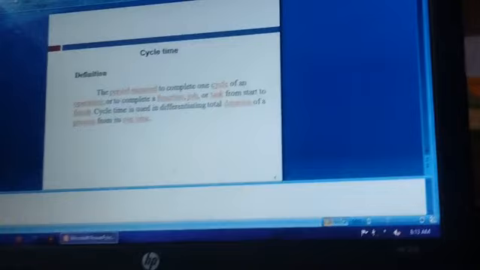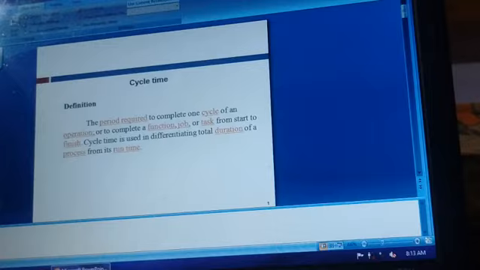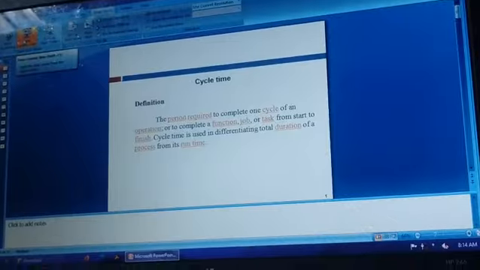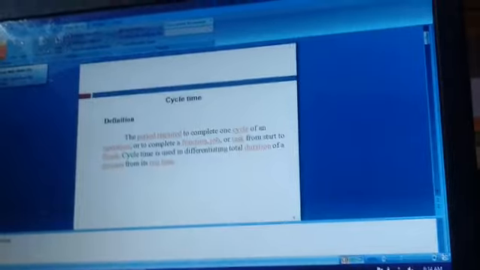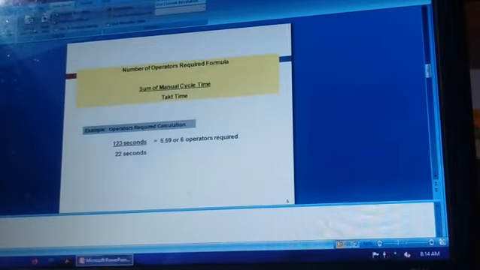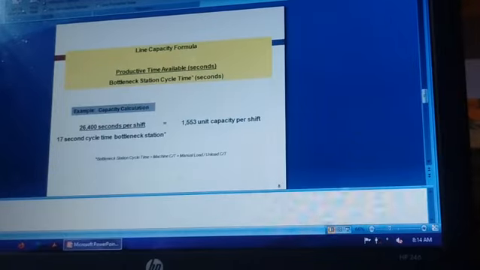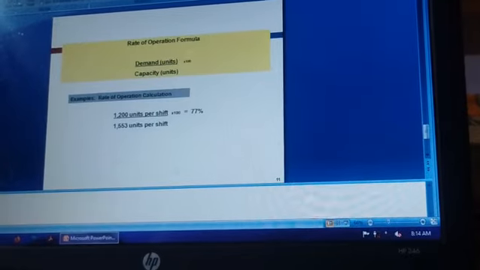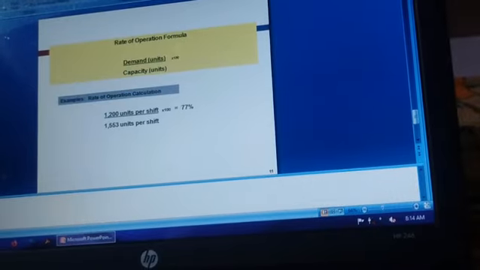So these are the basic formulas to find out all the parameters of the production area. By applying the data to all these formulas, we can easily find the cycle time, takt time and productive time, the number of operators required, labor efficiency, line capacity, performance to capacity, operational availability, and rate of operation. All of these are very essential for lean manufacturing.